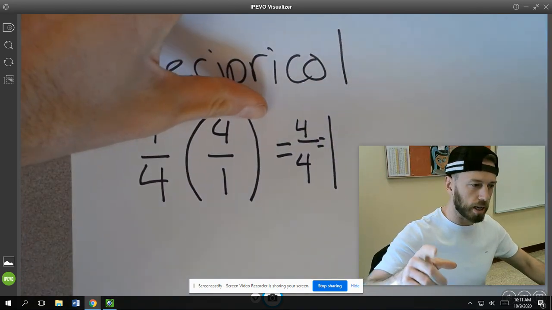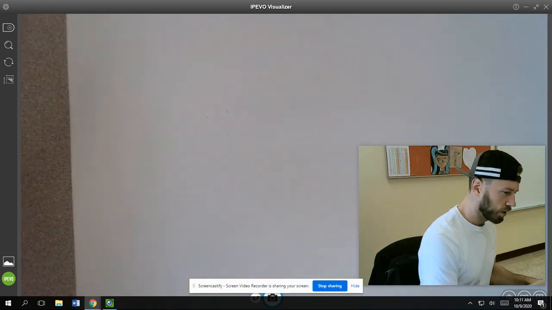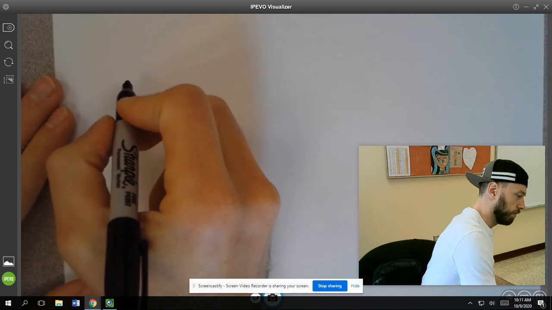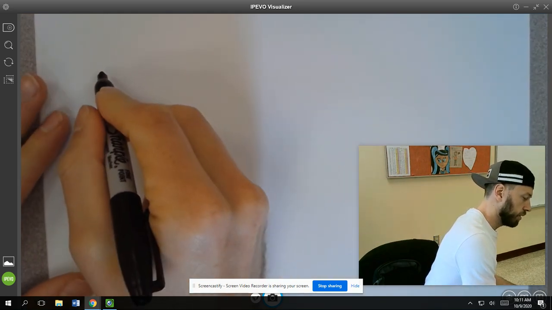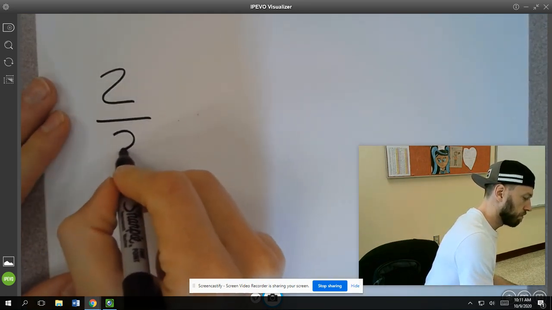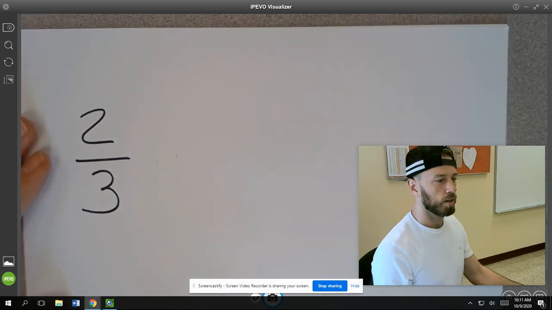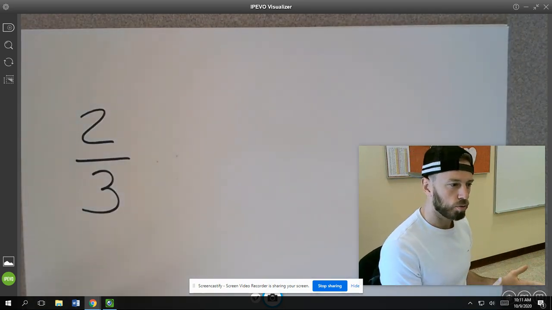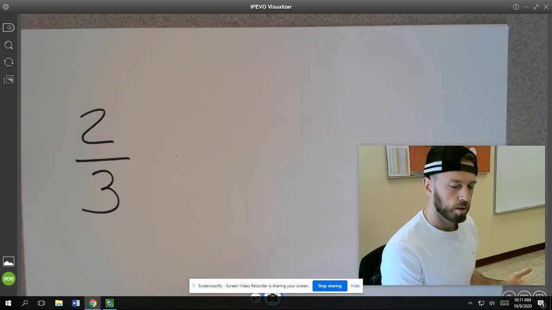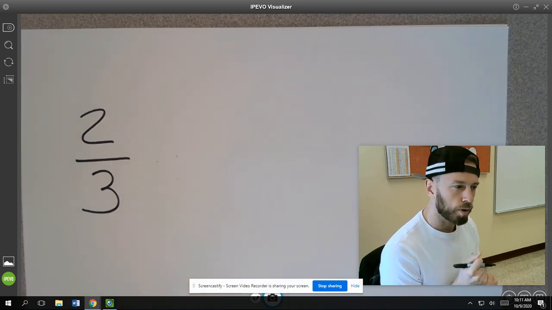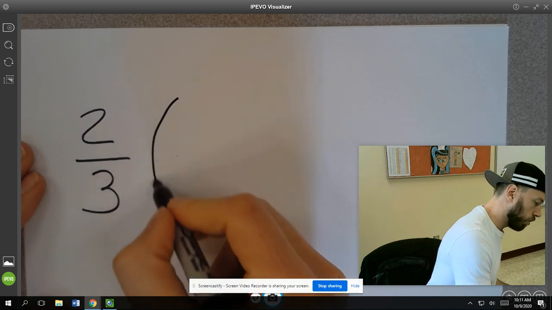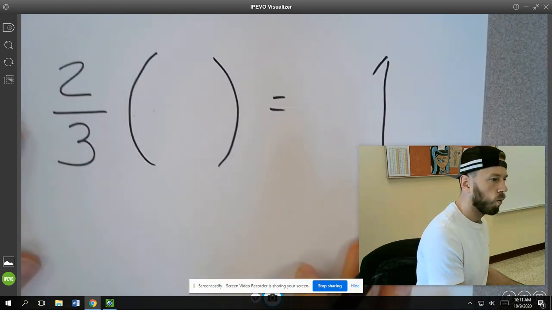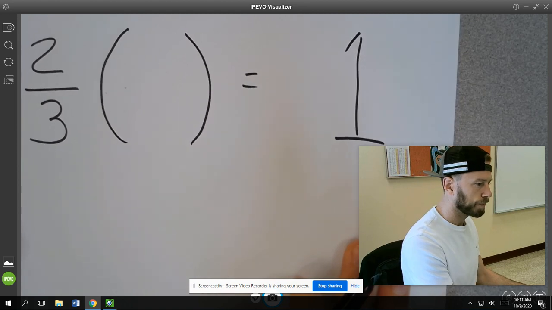So let's go through a couple of those together and see if we can figure that out. The first one we're going to do here is 2/3. What is the reciprocal of 2/3? The reciprocal of 2/3 would be whatever number we multiply it by to give us 1 whole, right?